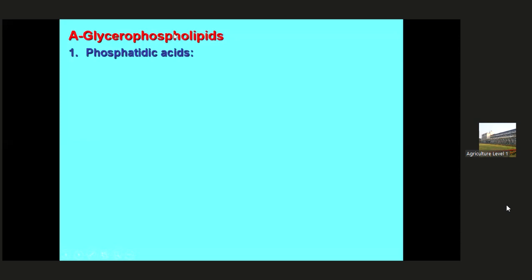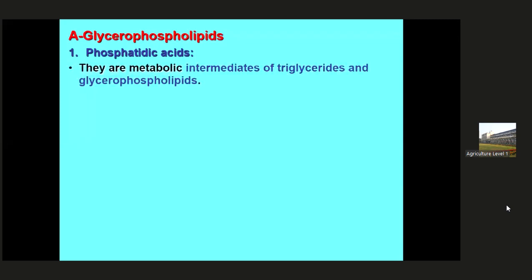We know the properties of the glycerophospholipids: fatty alcohol containing member, then fatty acid, then glycerol, fatty acid, then alcoholic group containing member, which may be glycerol or inositol or sphingosine, then nitrogenous base and phosphoric acid. So this is phosphatidic acid. It contains these groups.